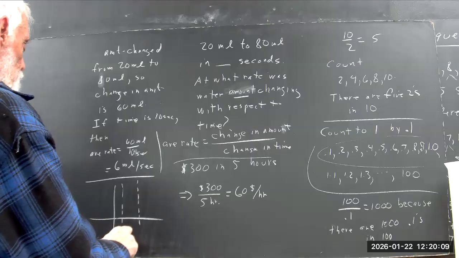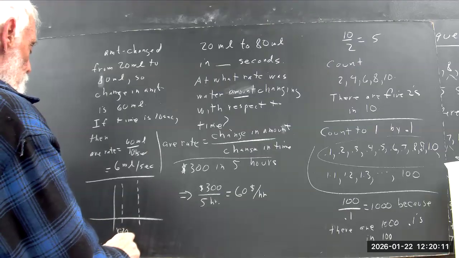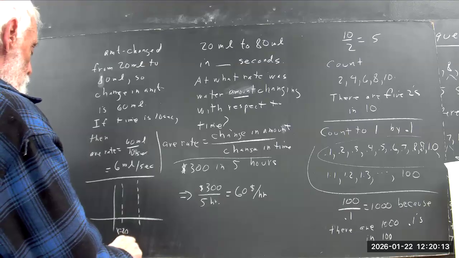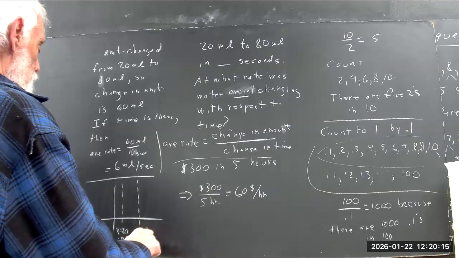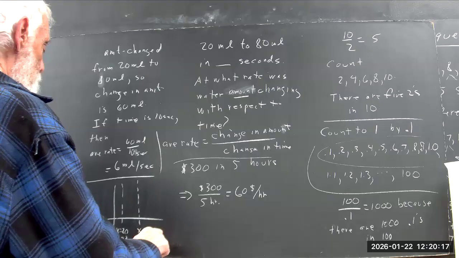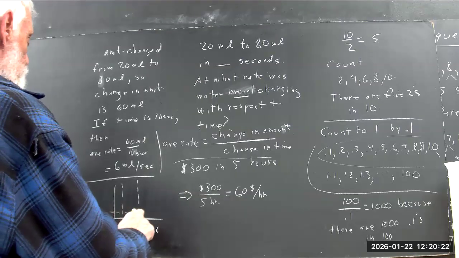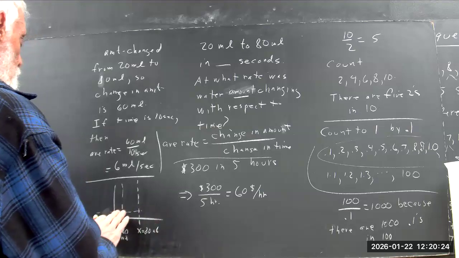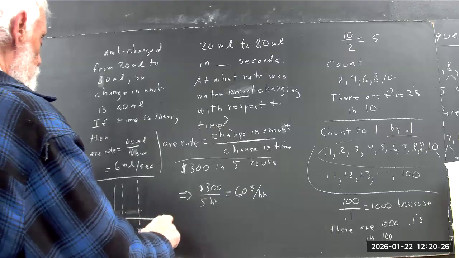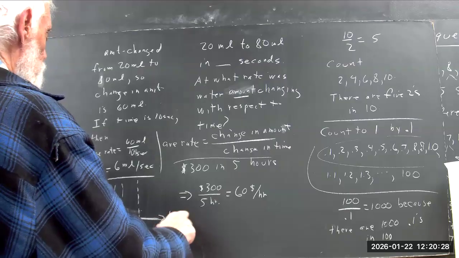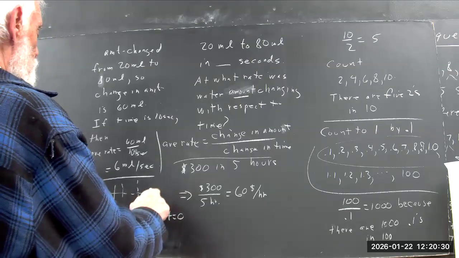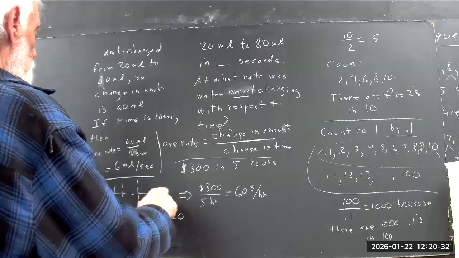On a graph, you could have the amount at 20 milliliters and at 80 milliliters. T equals 0 here, T equals 10 here.